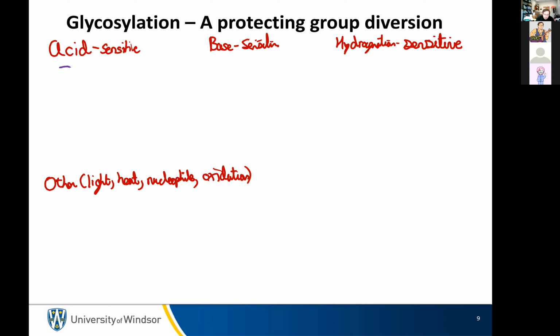So under the acid sensitive ones, our main ones are silicon based. So things like TMS, TES, TIPS, TBS. We'll go over what these are. I'm actually just going to rearrange. I'm going to put TIPS underneath.